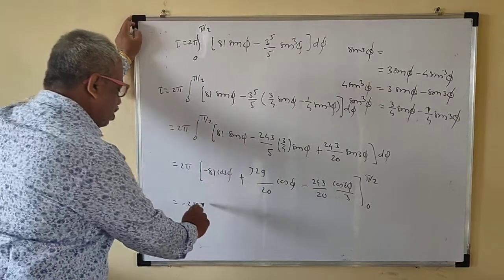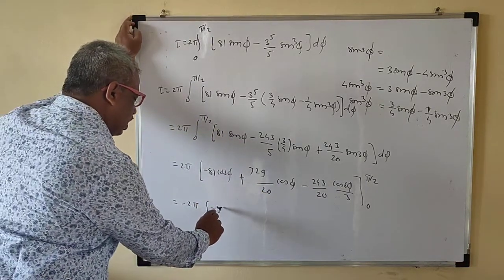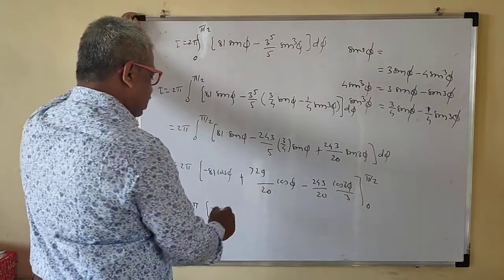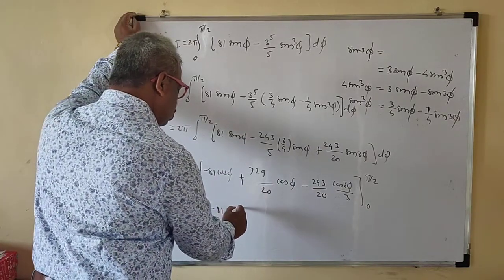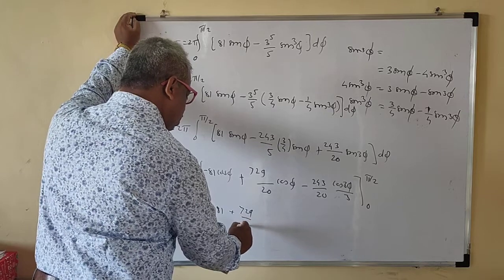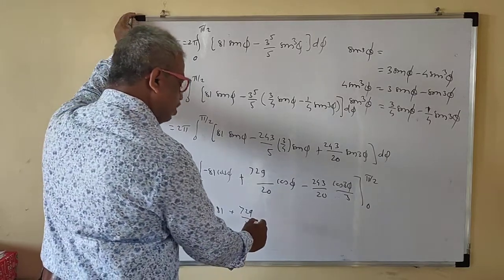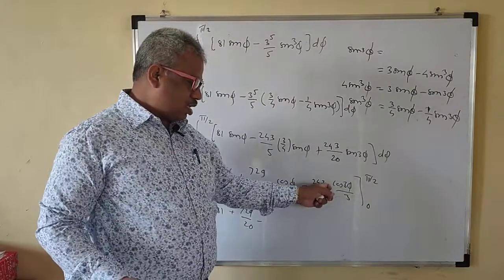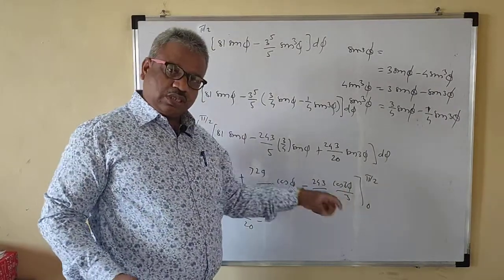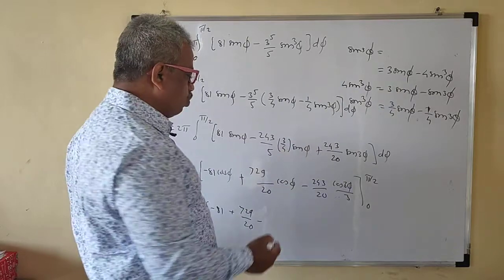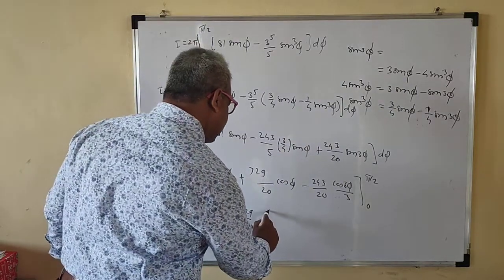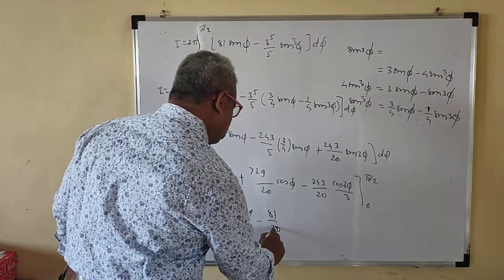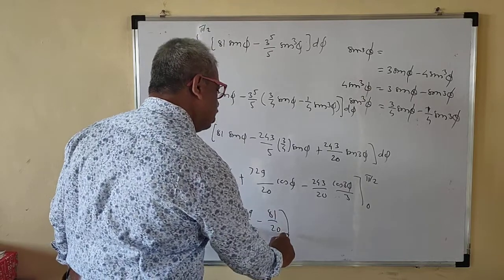So then this is minus 81 cos 0 plus 729 upon 20, then minus. So this is 3 to the power 5, so this is 3 to the power 4, and 3 to the power 4 is 81. So 81 upon 20.